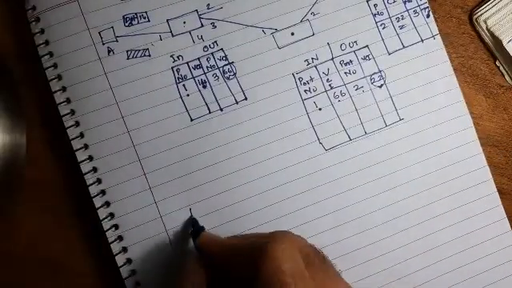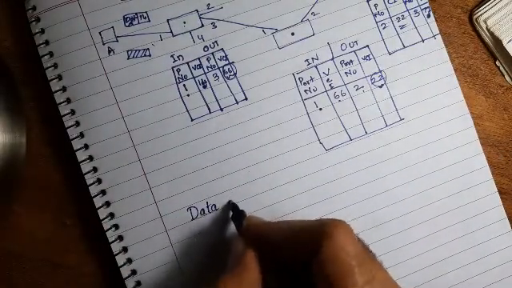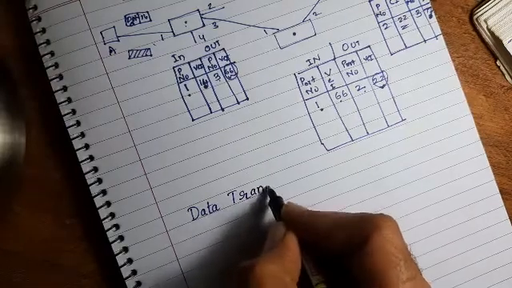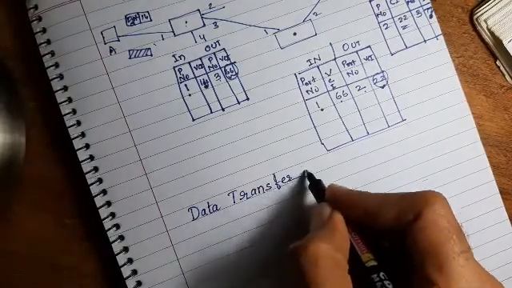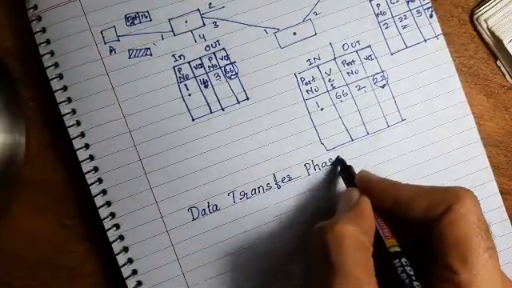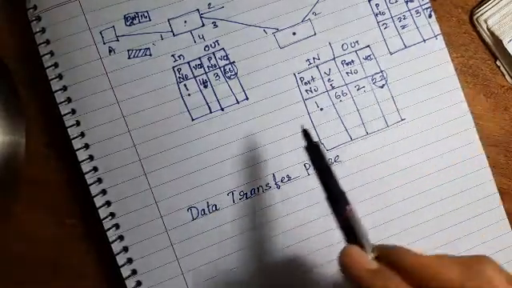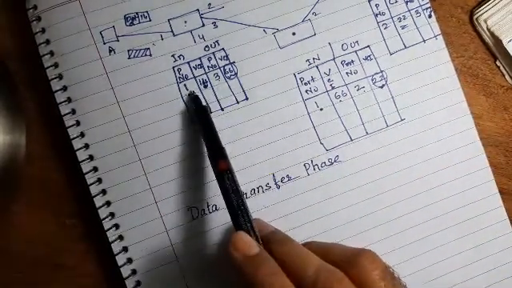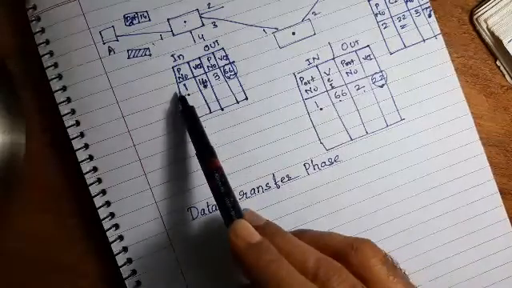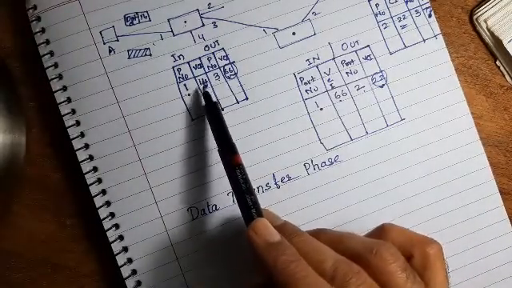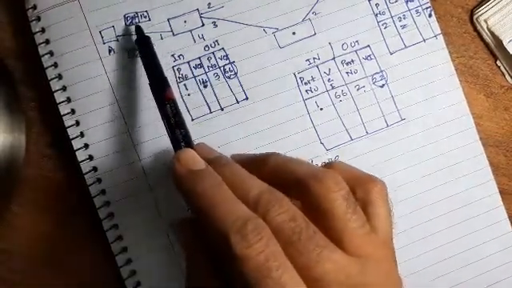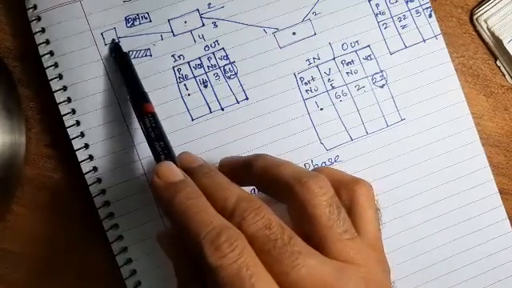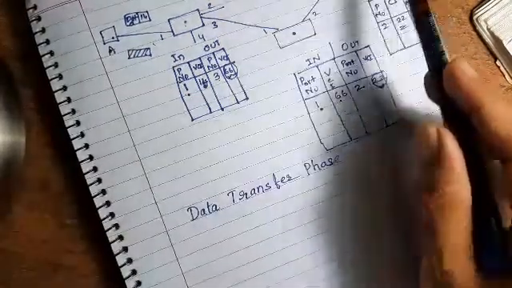The next phase is the data transfer phase. During this phase, the data transfer happens through the entries made in the table. There are already entries in the table with the help of which a datagram originated from the source will move towards the destination.